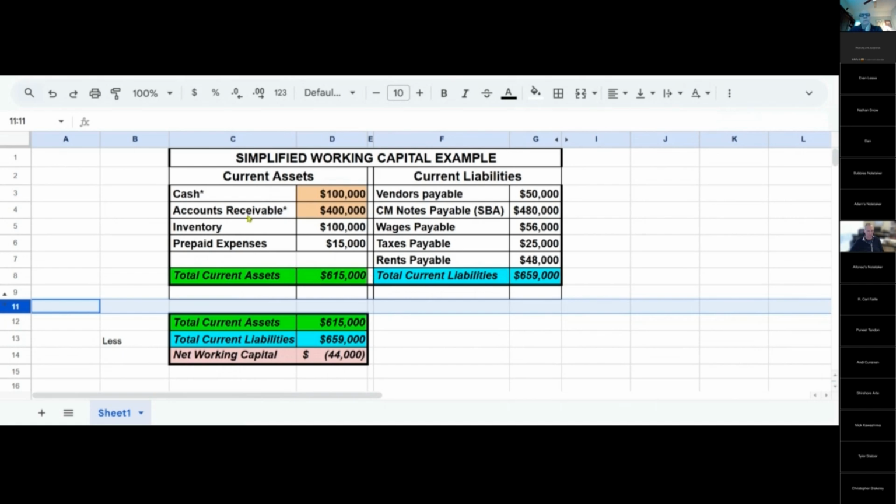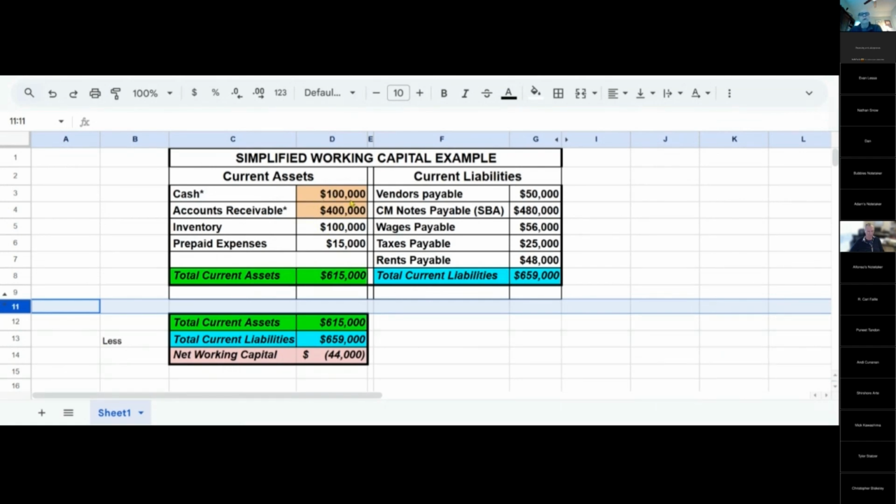I made these numbers up, but they're not atypical, and it could be very similar to what you'll see when you buy your company. These are all current assets on the left-hand side, down to total current assets of 615,000. Typically you'll find cash, accounts receivable, some inventory, maybe some prepaid expenses and a couple other things, but these are the real critical ones.